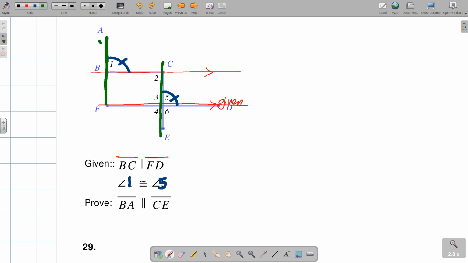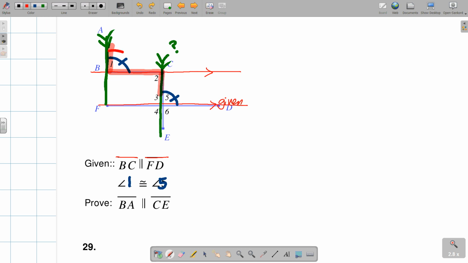Now, if BA was parallel to CE, then armpits of the Z would be congruent. So in other words, all we have to do is show, look at what we need to do. See that Z formation?